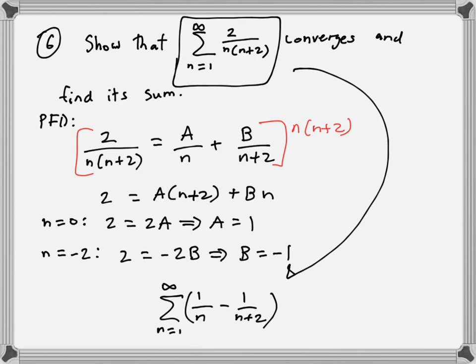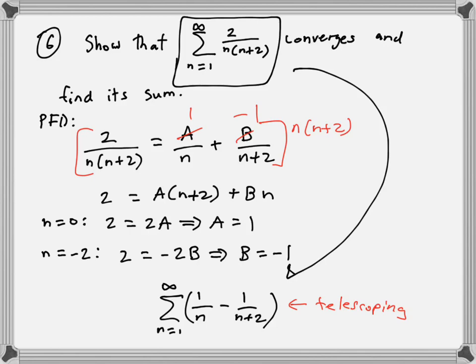I showed that because a is 1 and b is negative 1, that means this is 1 and this is negative 1, okay? Now you're going to see that this is a telescoping sum, and here's how this works, okay? Because you have something minus something, it means that when we expand this, we hope to start to see cancellation. So I'm going to write out several terms here, okay?